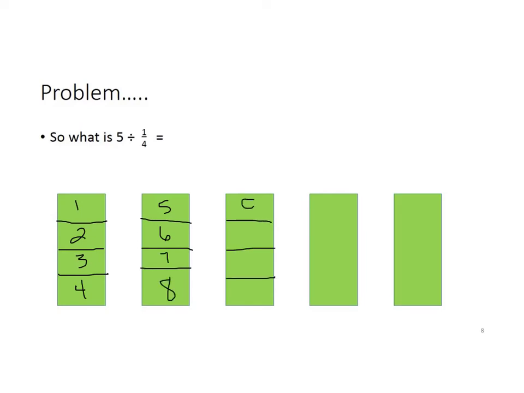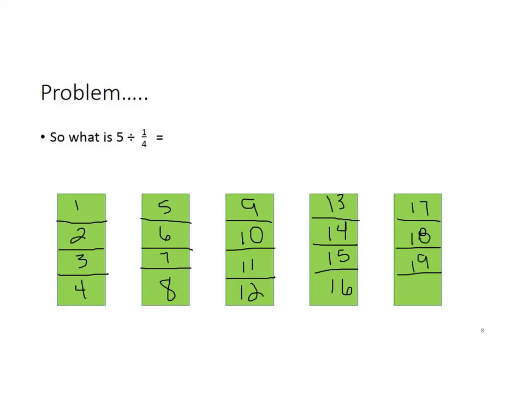And then here we have 9, 10, 11, 12. Remember, each one of these is a fourth. We're dividing each rectangle into 4 equal pieces, although I'm not doing a great job of drawing them equally. There's 13, 14, 15, 16, and then we have 17, 18, 19, 20.